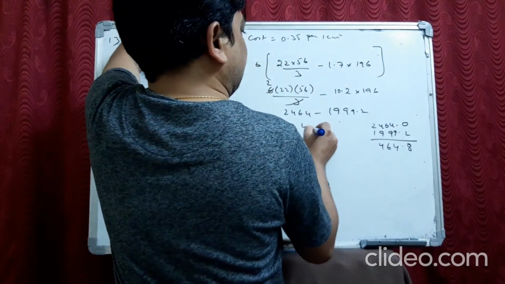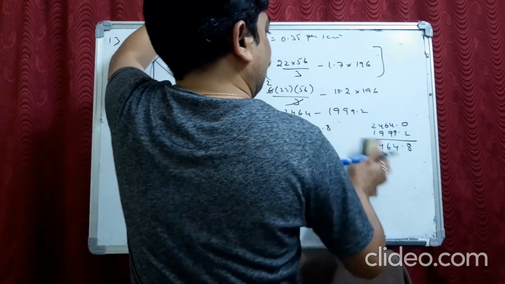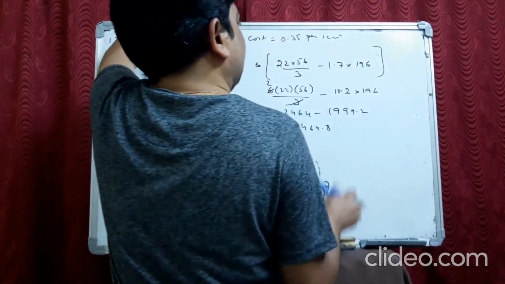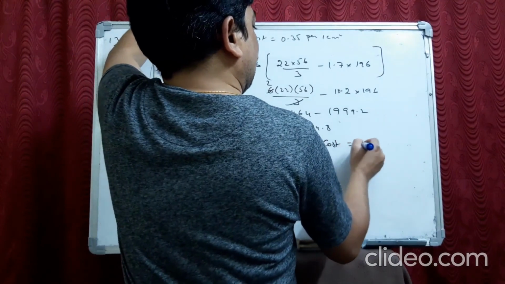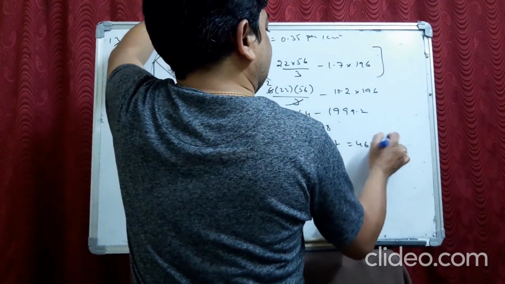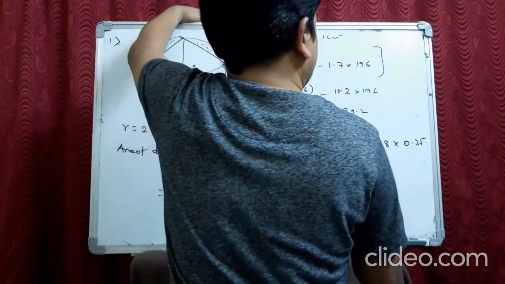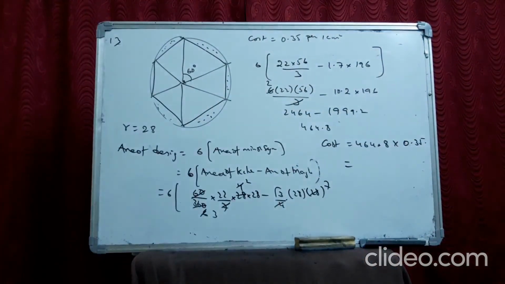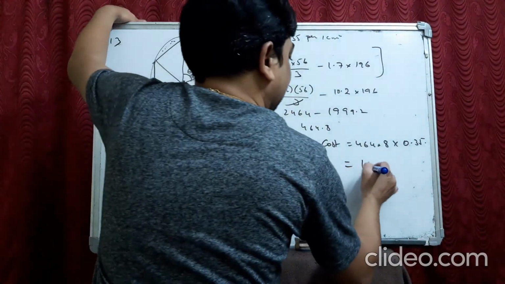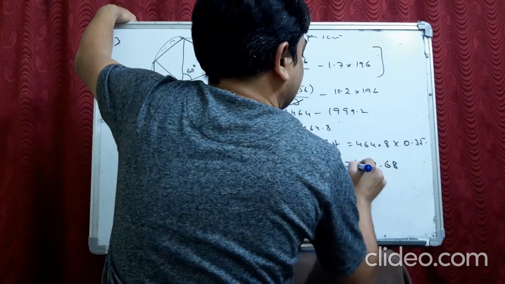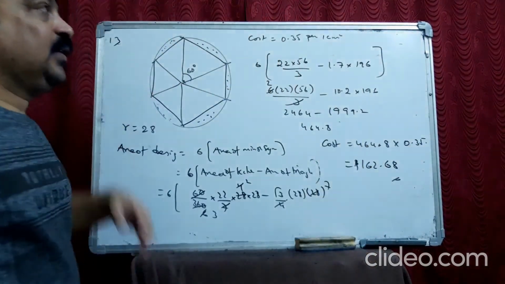It is 464.8. Cost will be equal to 464.8 into 0.35 per centimeter square. I'll come up with the calculation. It is 162.68 rupees.